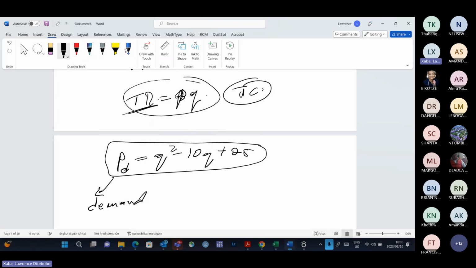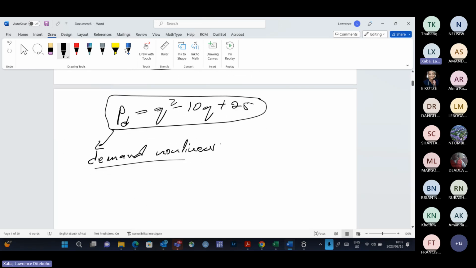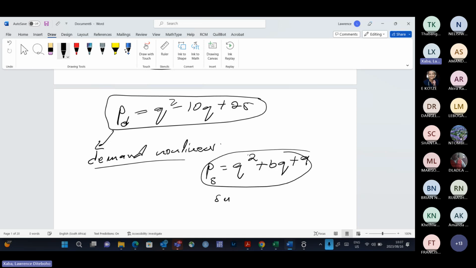Then we are given the second one, P subscript S equals Q to the power 2 plus 6Q plus 9. This one will be supply.